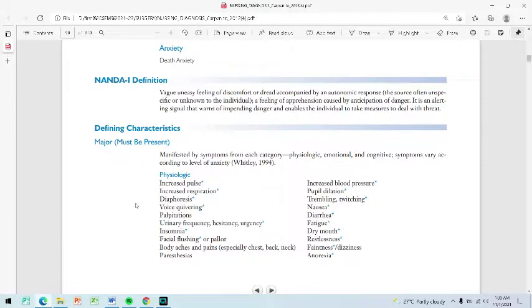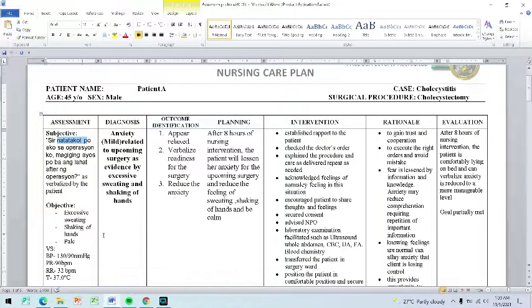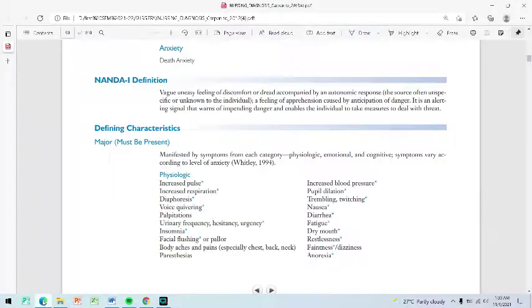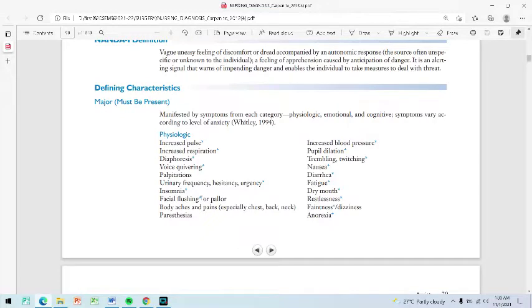Based on what was given by the student, which is sweating and shaking of hands, we will check if this is really present in the NANDA defining characteristics. Nandito po ang description of the characteristics of a person having anxiety.